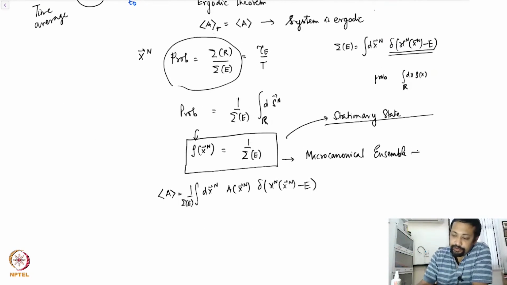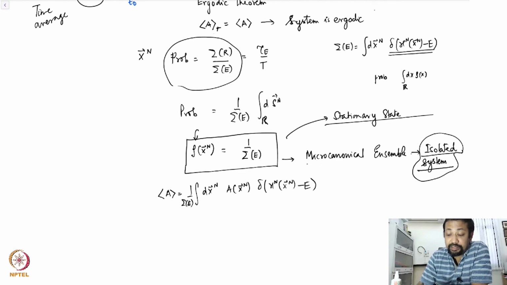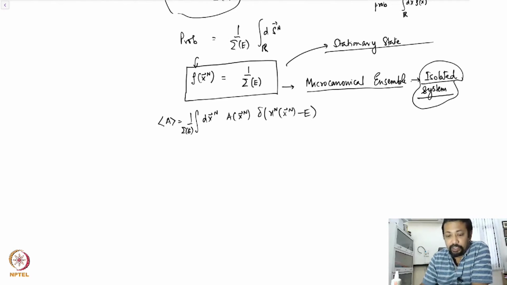So this corresponds to an isolated system, what we consider in thermodynamics. An isolated system in thermodynamics essentially means a microcanonical ensemble in statistical mechanics.